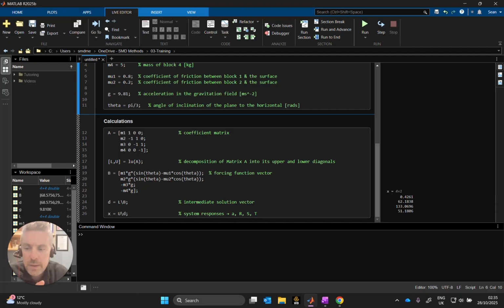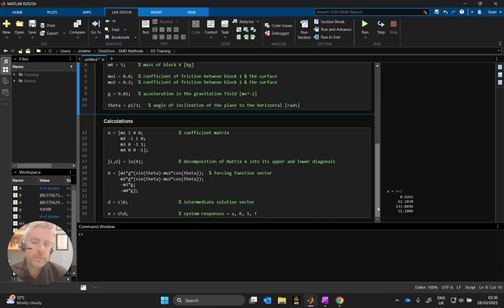So hopefully you get a little bit out of the video, between this one and obviously the one before it, which derived the equations which allowed us to use LU decomposition and MATLAB's own function for decomposing the coefficient matrix A into its upper and lower forms to solve for them.